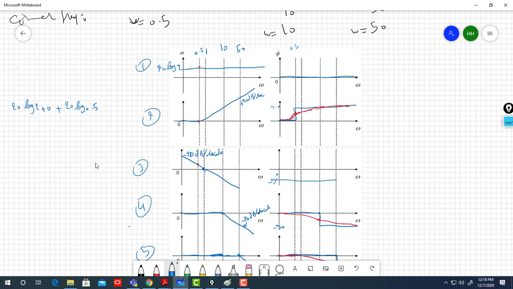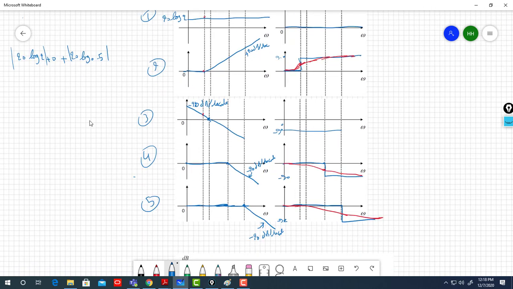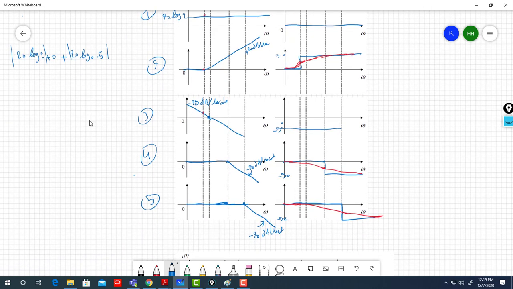Of course, we are taking everything as magnitude, so the absolute value, because I'm adding them, even if it's negative. From 4 it is 0, and from 5 it is 0. Then if you do the summation, you find 20 log of 4.